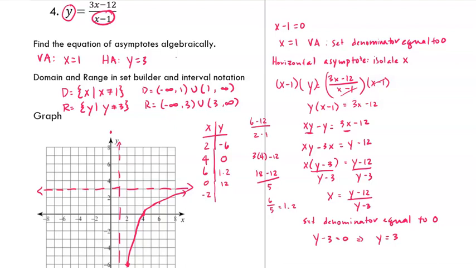Negative 6 minus 12 is negative 18, over negative 3, which gives me 6. So negative 2, 6. And that's good enough. There you go. Good job.